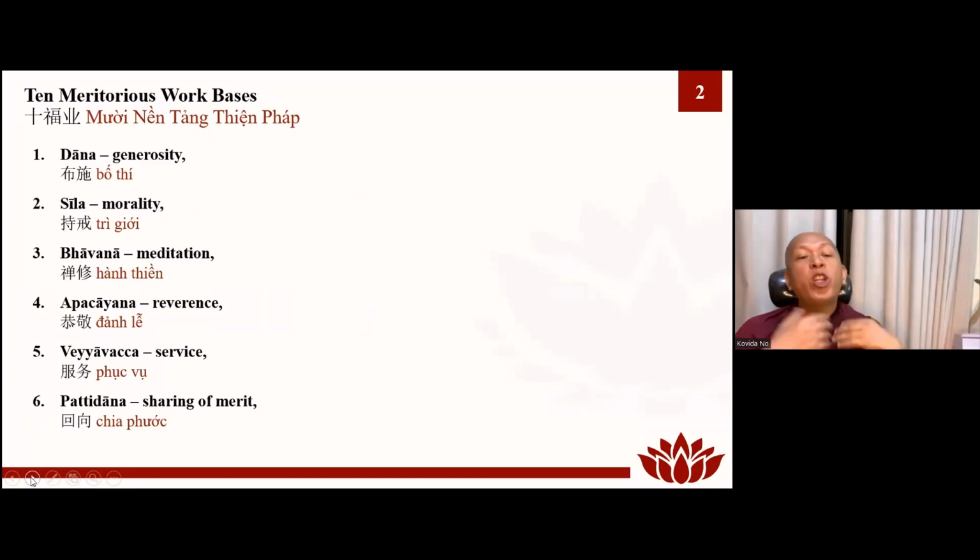As we all know what dana is, I think everybody knows dana, right? For Buddhist people, dana is very normal. Another thing is, we also have to know different classifications of dana. For example, we can say superior dana, median dana, and also inferior dana.